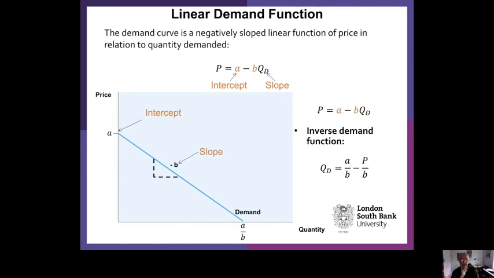Then it has an equation, and the equation is, in general, P, price, is equal to some parameter A minus some parameter B times the quantity, in this case, the quantity demanded. So we can say it's always true that a straight line has that kind of equation.